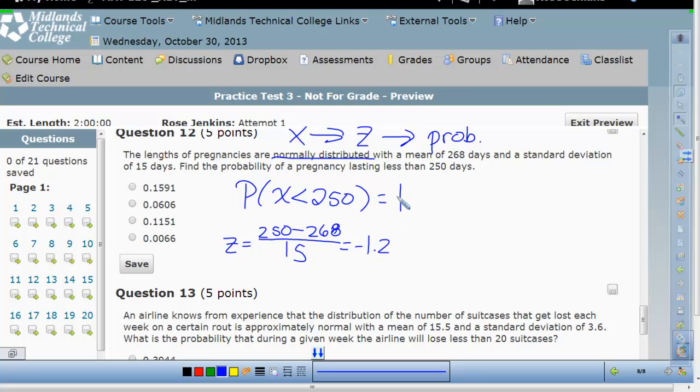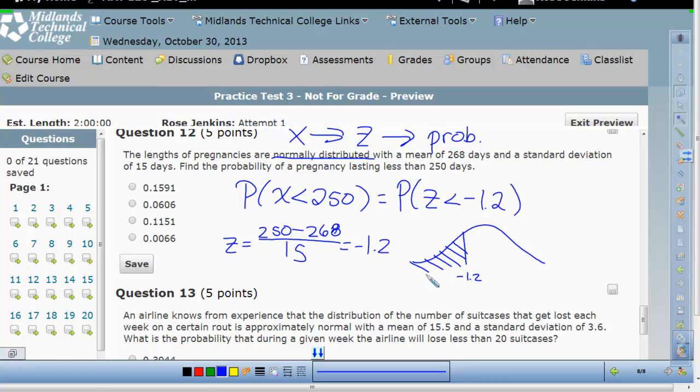So we're looking at the probability that z is less than negative 1.2. Then we still have to find the probability, and we could use our calculator to help us find that. Negative 1.2 is my upper bound. I want to be less than that.